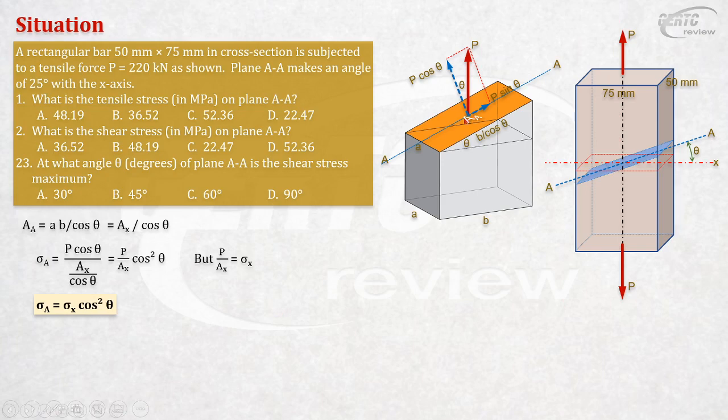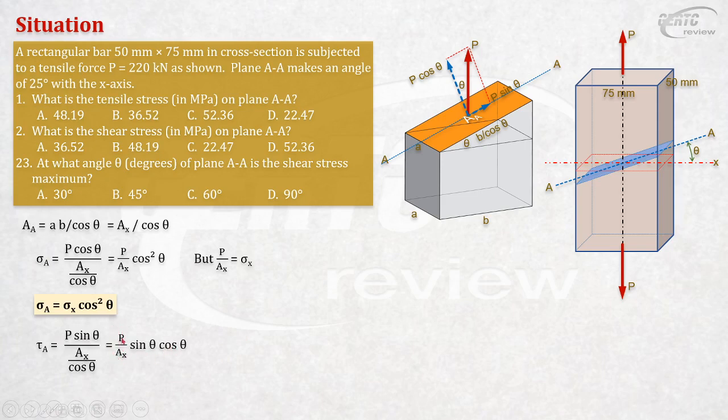Next, your tau, shearing stress. So tau, the shearing stress, will be this force, P sine theta, divided by the area. And the area is, where is that? AX over cosine theta. All right, this will go up. So this will become P over AX sine theta cosine theta.